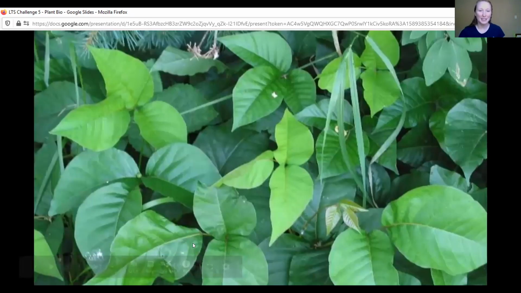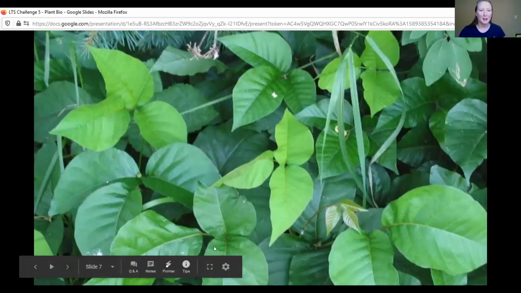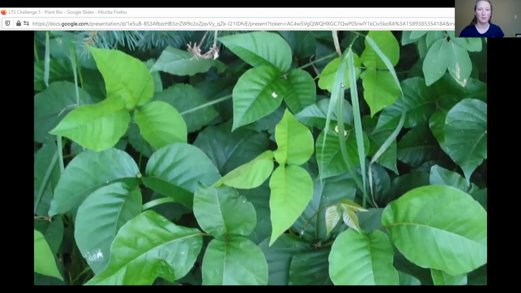All right, now we're getting back to plants. So I'm just going to see if anyone happens to know what this plant is. I'm just going to run a poll. So just make a guess, add in whatever you think it might be.